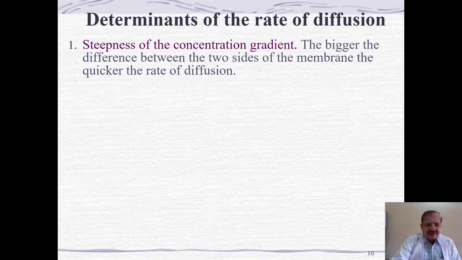The bigger the difference between the two sides of the membrane, the quicker the rate of diffusion. As an example, from upstairs to downstairs, from the higher side to the lower side, it can be very fast.